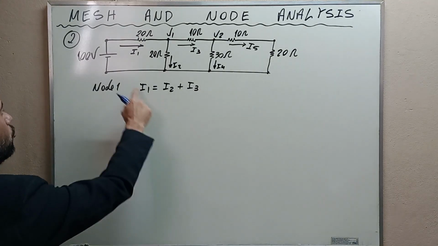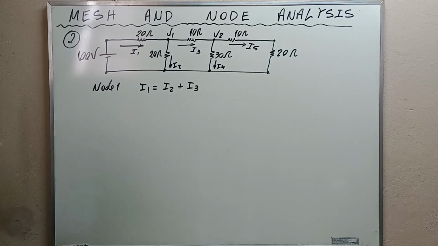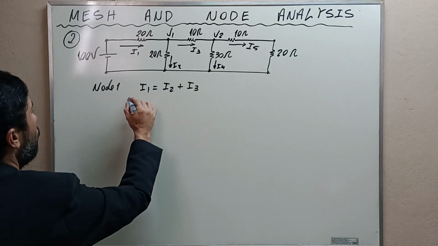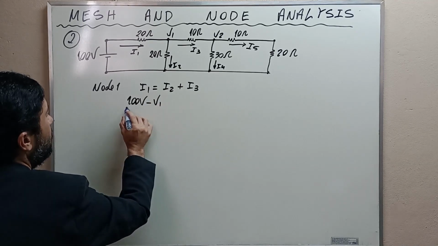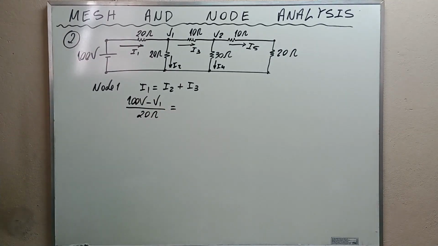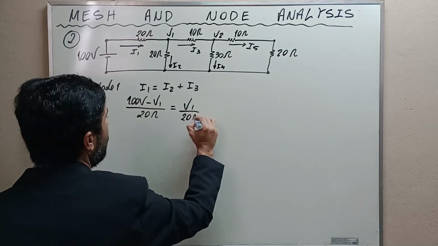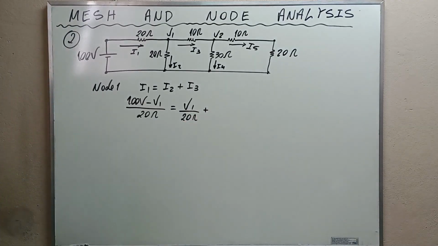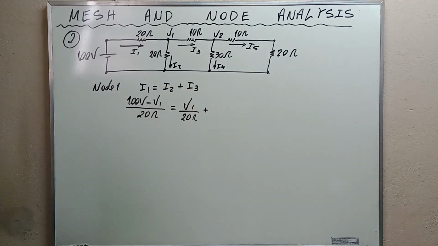I1 is equal to 100 volts minus V1 divided by 20 ohms. This is I1. And how about I2? I2 is equal to V1 divided by 20 ohms. And I3 now. I3 is V1 minus V2 divided by 10 ohms.